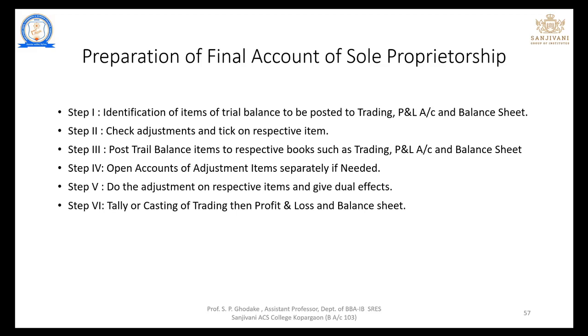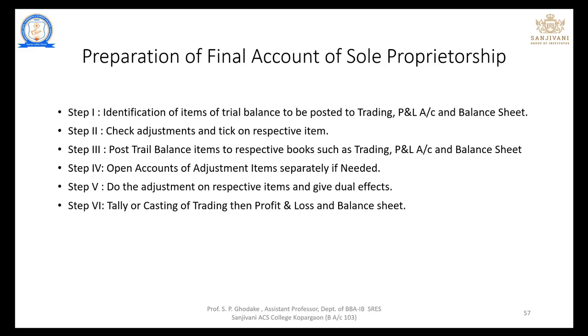Second step, check the adjustments which are given in the numericals and tick those adjustments on the respective items. Then step 3, post trial balance items to the respective books such as the trading account, profit and loss account, and balance sheet. Step 4, open the accounts of the adjustment items separately if needed.